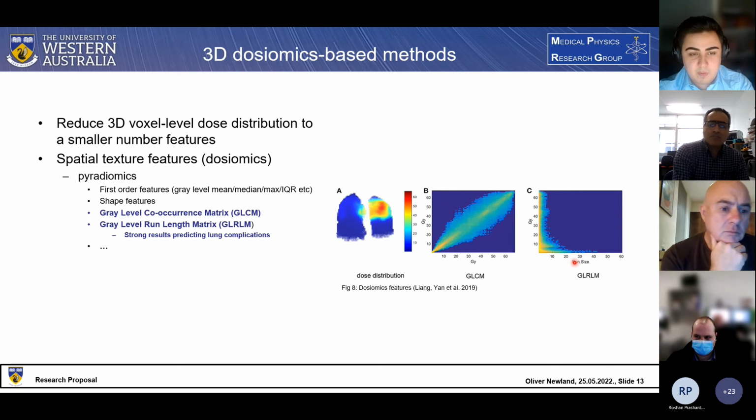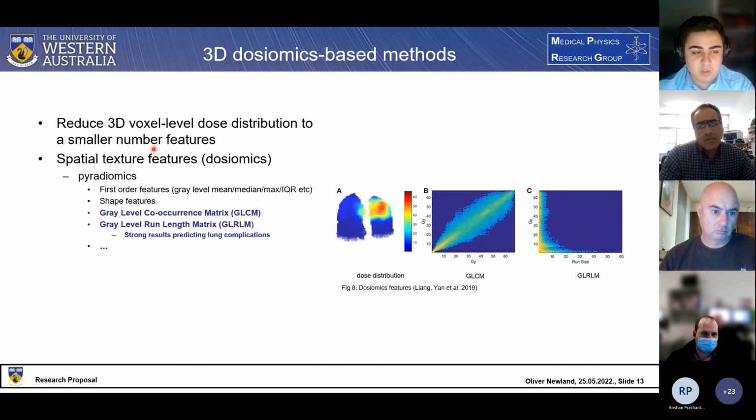Okay, and then the final spatial method we're going to use is looking at the variation in doseomics, or the spatial texture features that we extract from the 3D dose distribution. I haven't got into this stage yet, but I tend to use high radiomics because that can handle the first order features: mean, median, max, interquartile range, gray levels.